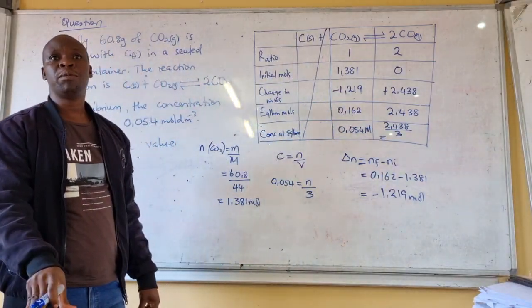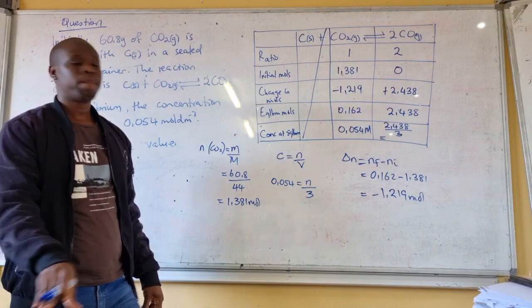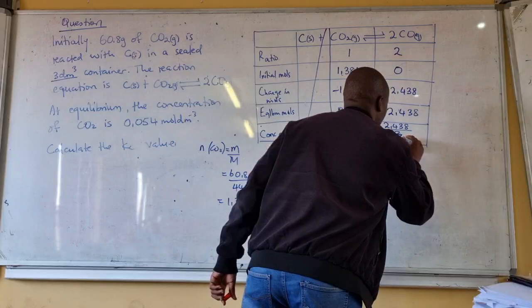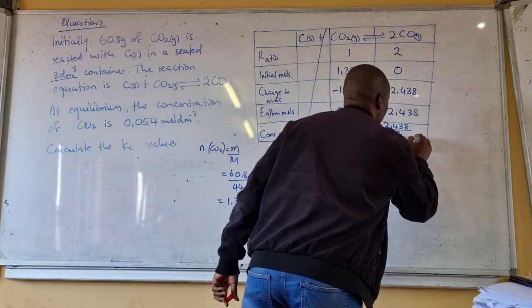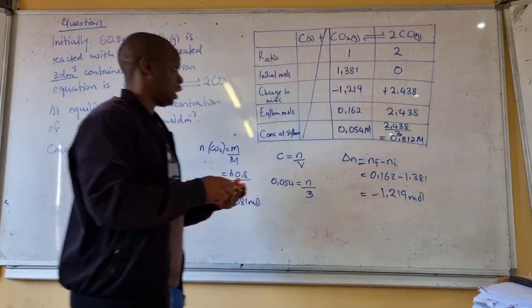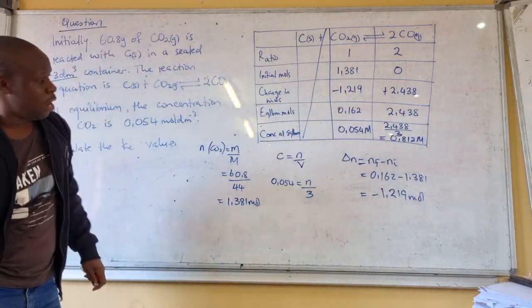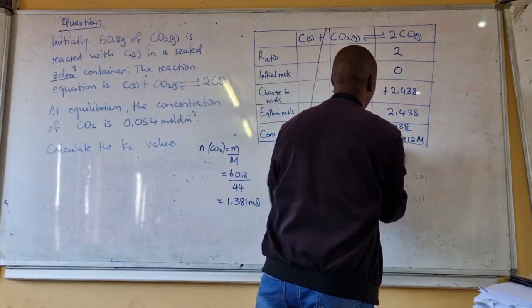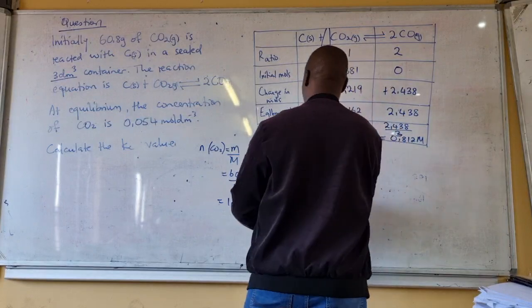It simplifies to 0.8 moles per cubic decimeter. So now we have our concentrations at equilibrium for all the two substances.